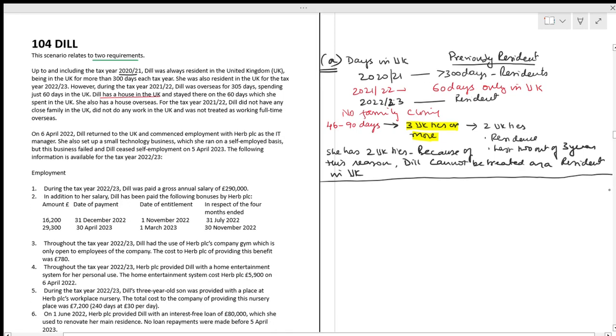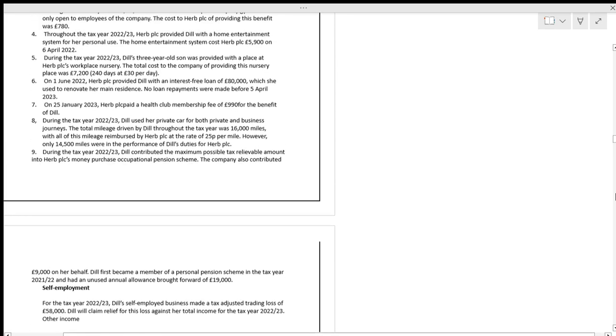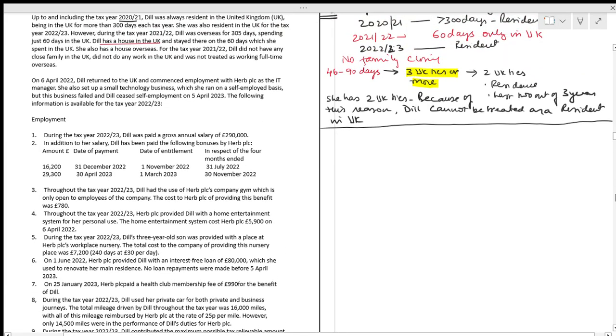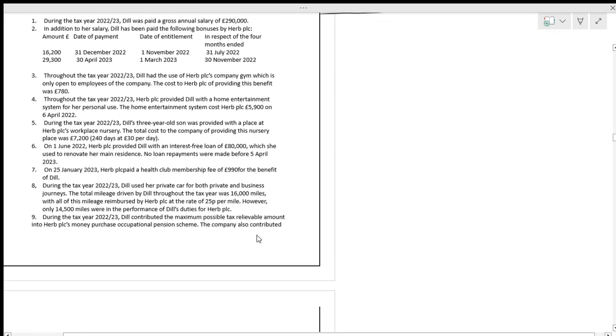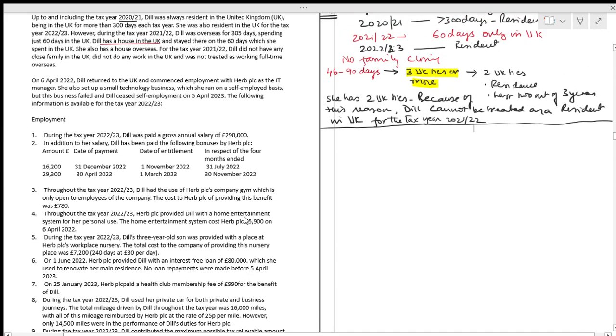They are asking: explain why Dill was treated as non-resident in the UK for the tax year 2021-22. Yes, fine. Okay, this is the first one.